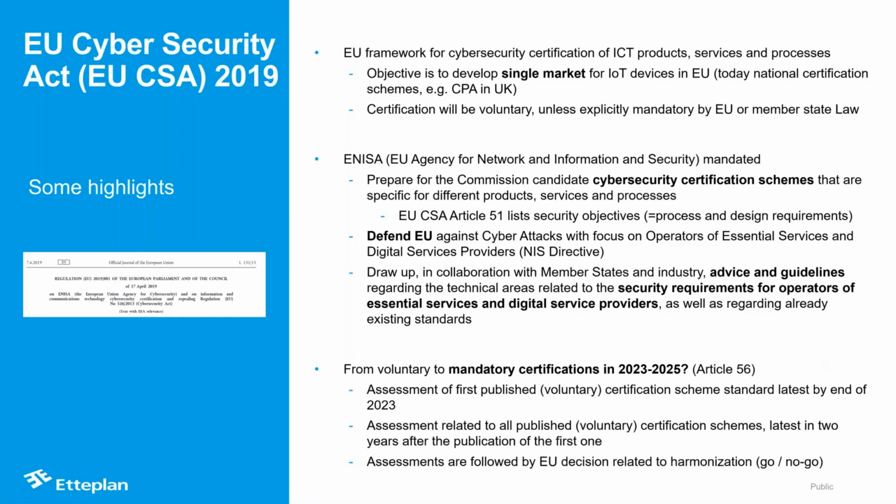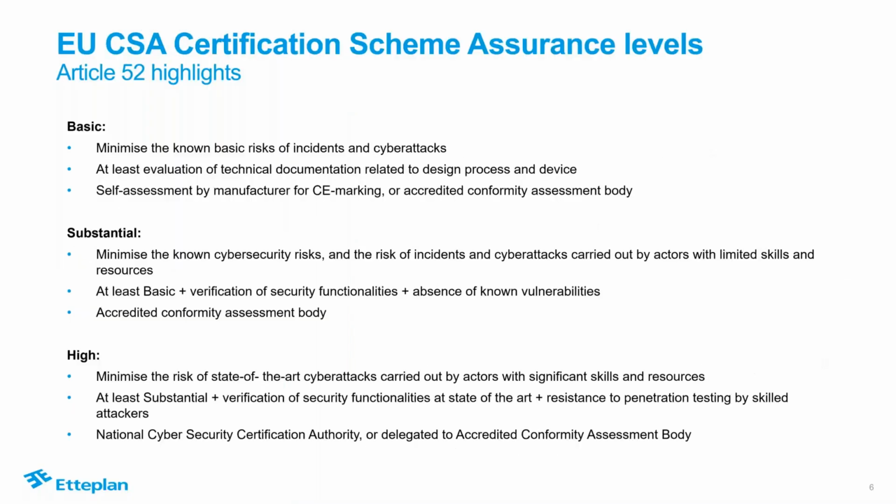What these certification schemes are about. It's good to understand that there are certain process requirements and there are certain design requirements for the devices, and the certification schemes' objectives are to basically do quality assurance that requirements are met. In the EU Cybersecurity Act, there are 3 assurance levels. It's the basic level. So at the basic level of device security, during device development, the known basic risks of incidents and cyber attacks should have been minimized.